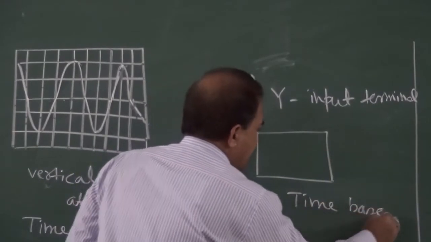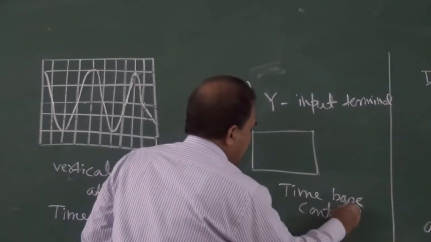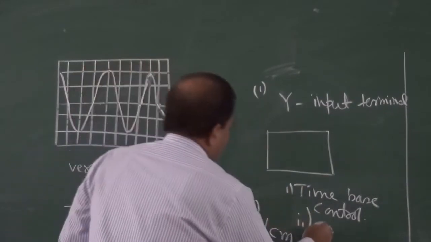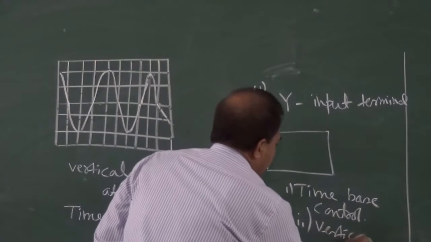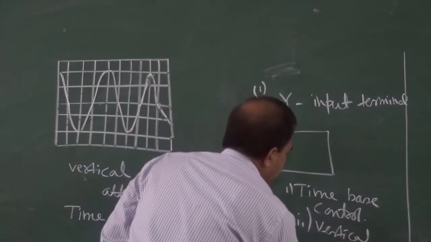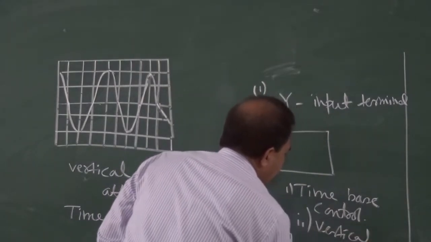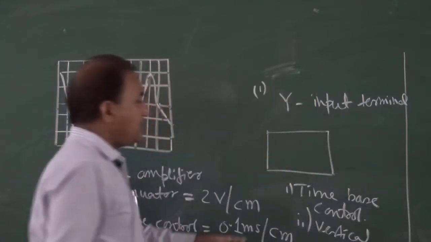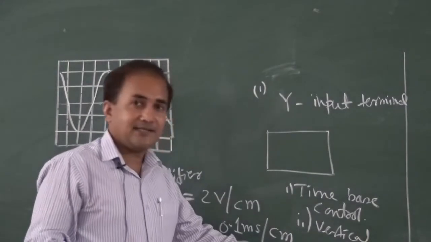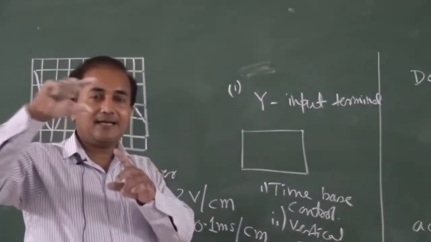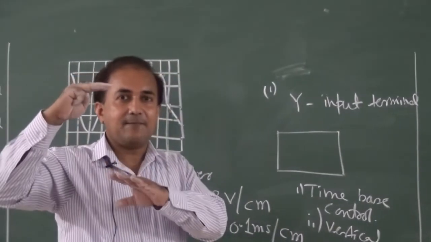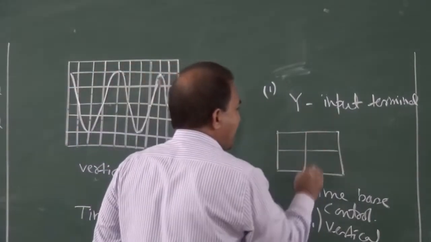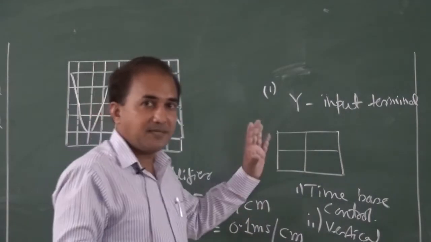Time base control is one function, and the second function is the vertical amplifier attenuator. By using the vertical amplifier attenuator, we can increase or decrease the size of the signal that will appear on the screen of the CRO.